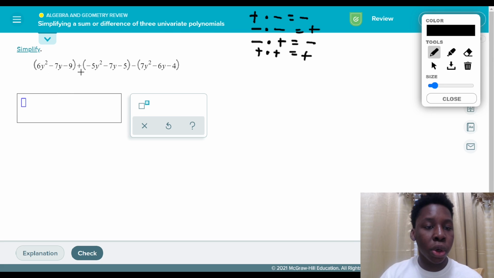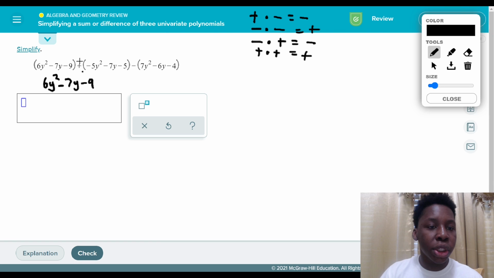What we need to work on are these two parentheses because there's a visible sign in front of them. This is plus, so we have to multiply this plus times every sign inside here, which is a minus, right? And we know a plus times a minus, based on what I wrote here, equals a minus. So everything in here we can leave as it is. So we can say 6y squared minus 7y minus 9, and we're basically distributing this plus into the parentheses, like you would do with any normal number.